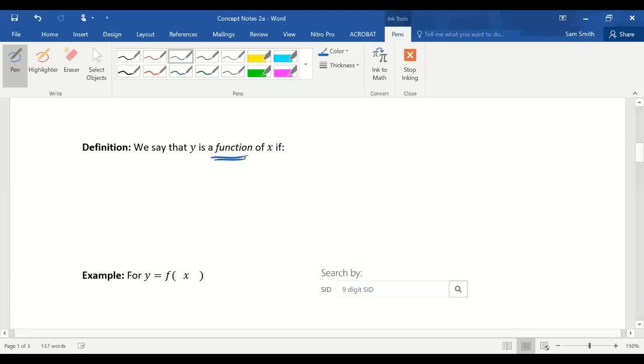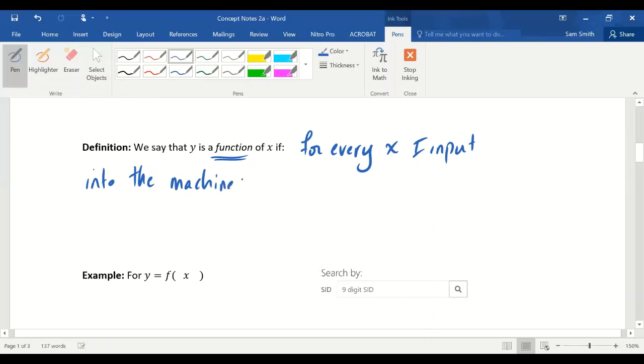So we say that y is a function of x if I can input x into the system, into the machine, into the formula, if for every x I input into the machine or formula or whatever I'm dealing with, there's never any ambiguity about what comes back to me.